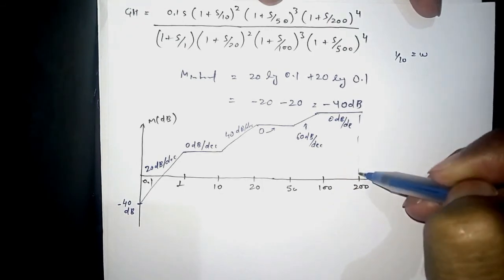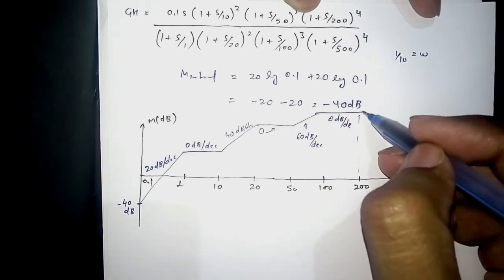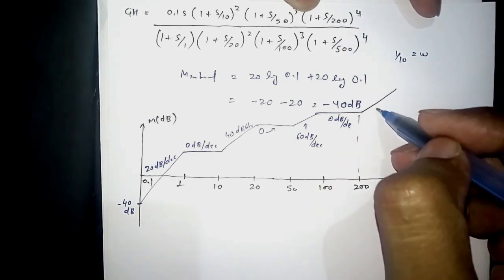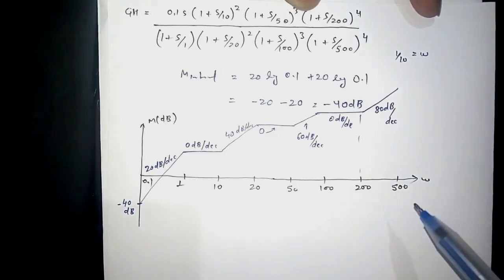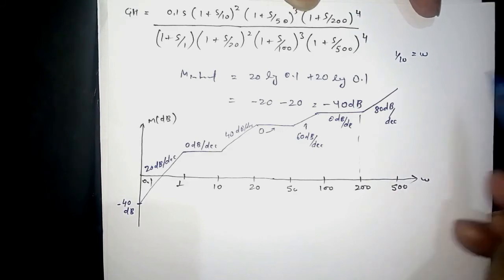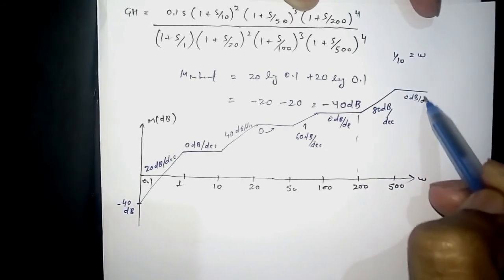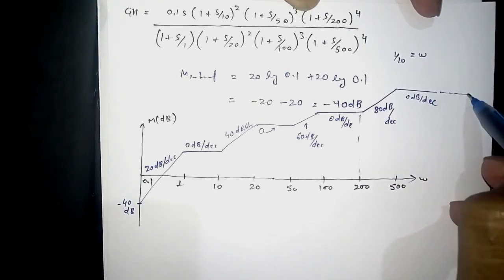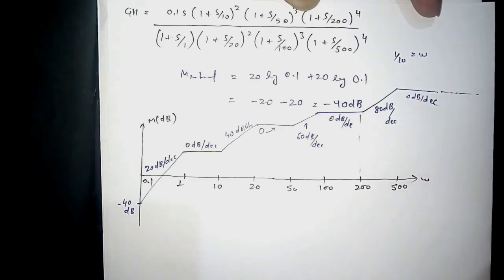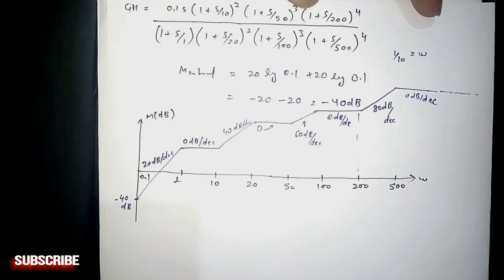At omega equal to 200 we have four zeros, so that will increase the slope to 80 dB per decade. After that we have four poles at omega equal to 500, so that will make the slope 0 dB per decade. So up to infinity this will be 0 dB per decade. This is the Bode plot of this question, guys. This was pretty simple. I hope you like the way I have solved the question.